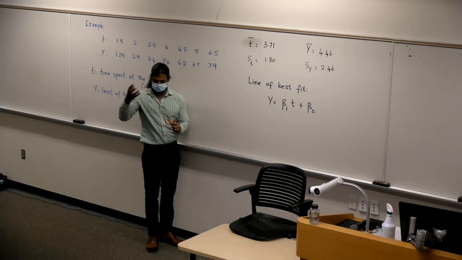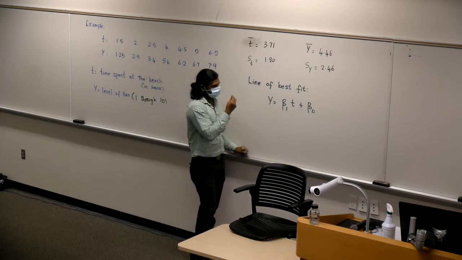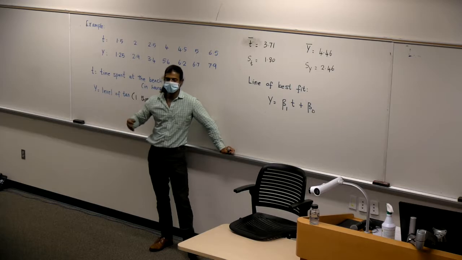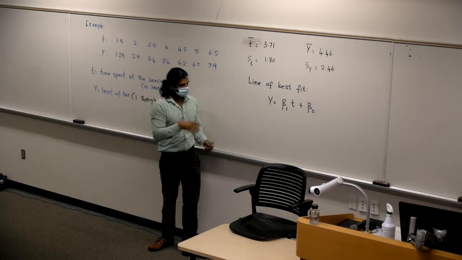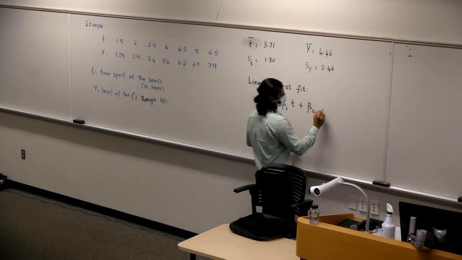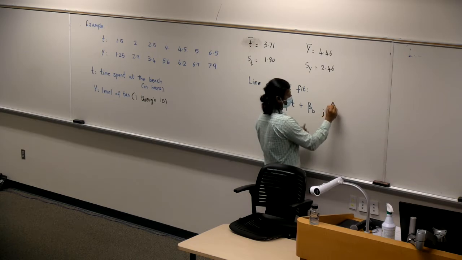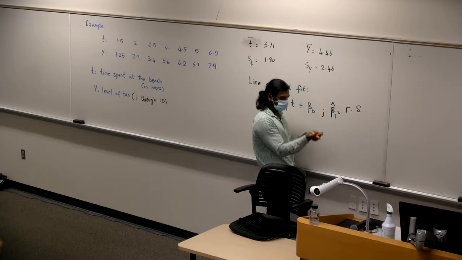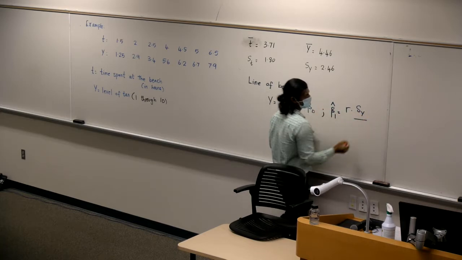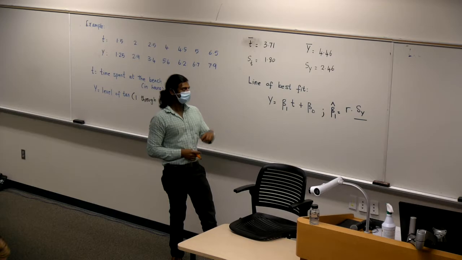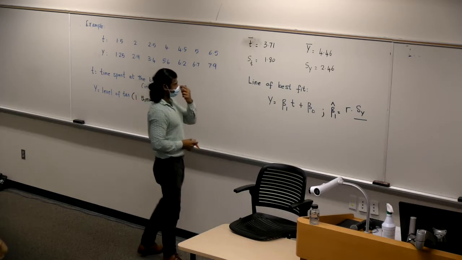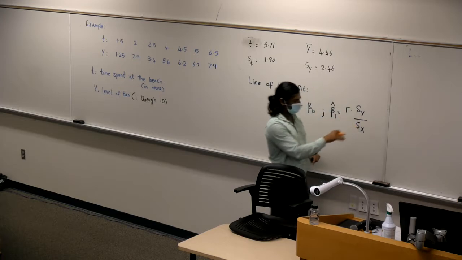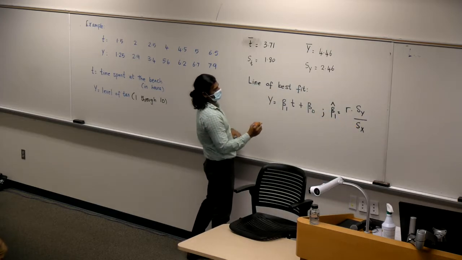I made that awful joke last time. If we put a hat on top of it, it is an estimated value that we get from the sample. And I gave you a formula. Beta 1 hat is R multiplied by the standard deviation of the Y variable divided by the standard deviation of the X variable. The X variable is nothing but T in this case, but I'll write the general formula.